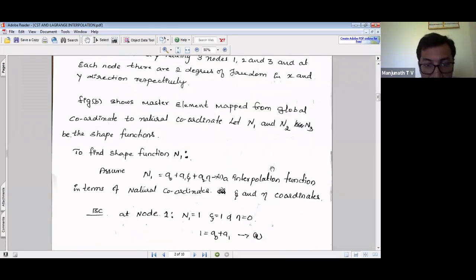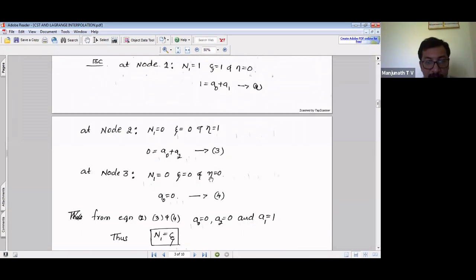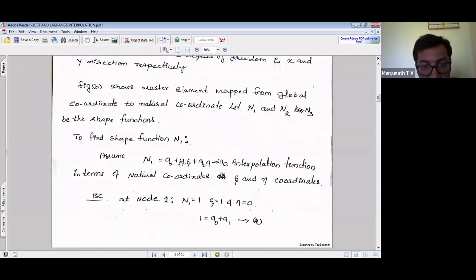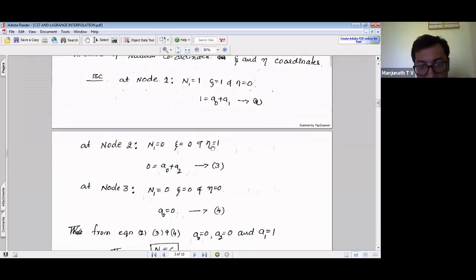That is the main property of the shape function. So at node number 2 and node number 3, the n1 value will be 0. At node number 2, zeta value will be 0 and neta value will be 1. Substitute these 3 values in equation number 1 and you get this equation, which you take as equation number 3.